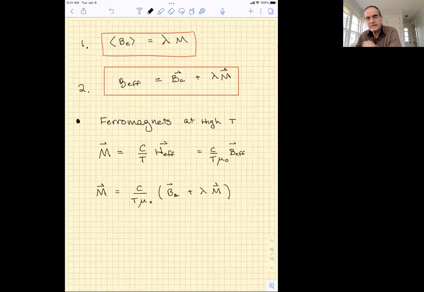And you can see that the magnetization depends on the applied field, but it also depends on the magnetization. Well, we can easily solve this formula for magnetization, though, and let's see what we get. Then the magnetization times 1 minus lambda C over mu naught T should be equal to C over mu naught T times the applied field.